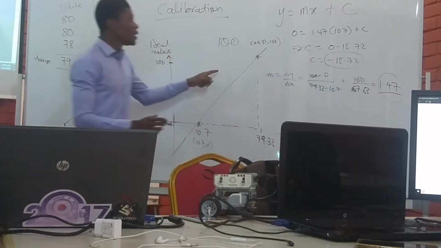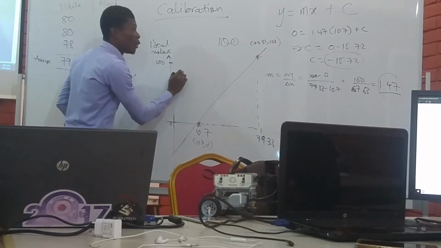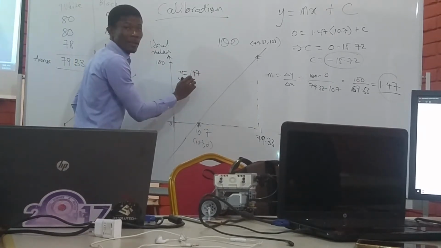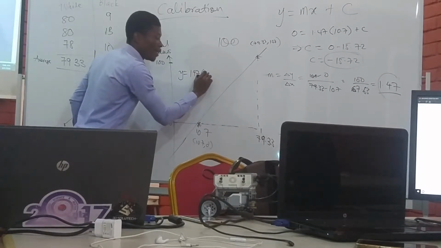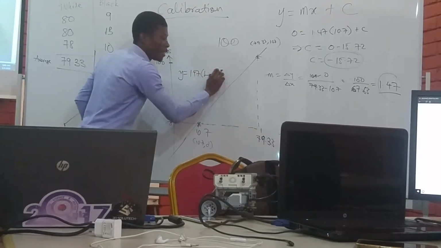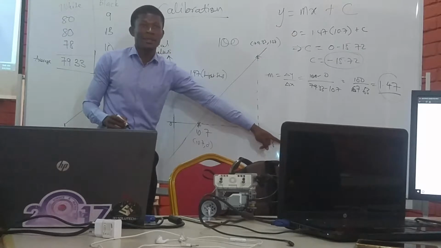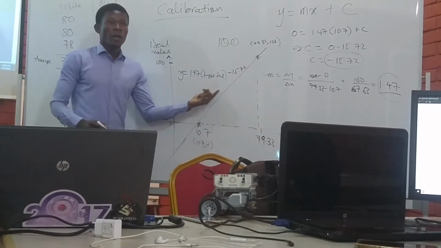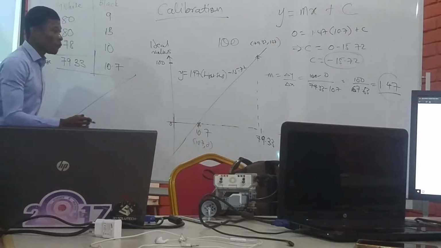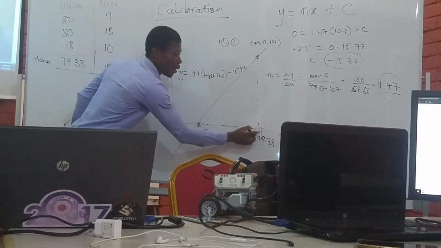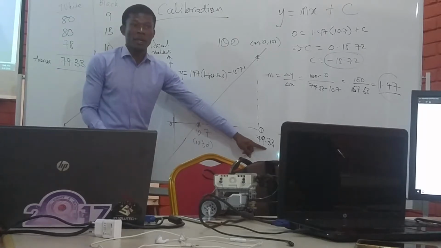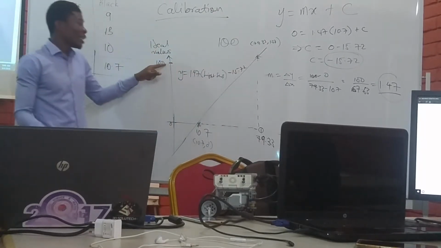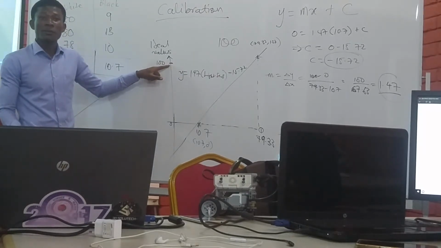So this is my c and this is my m, which means the equation of this line is y equals 1.47 times x, where x is the light sensor axis, minus 15.72. What this means is that if I record 79.33 and it goes through this equation, it will translate to 100.